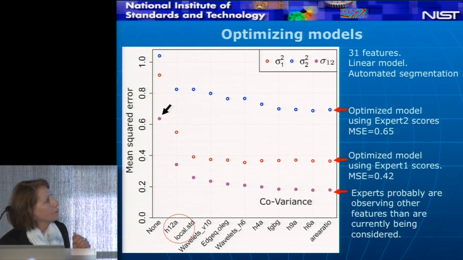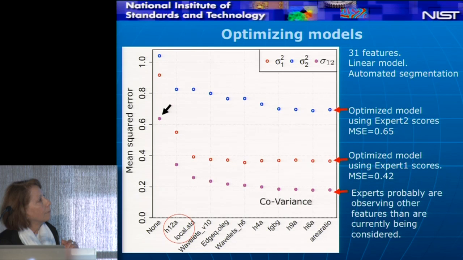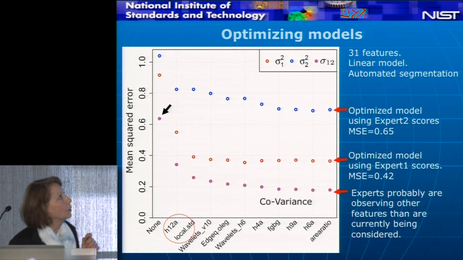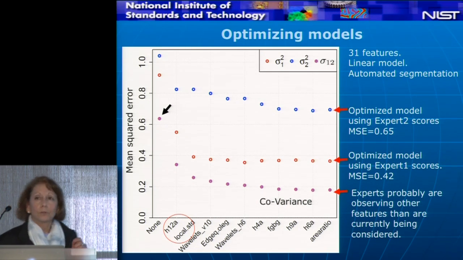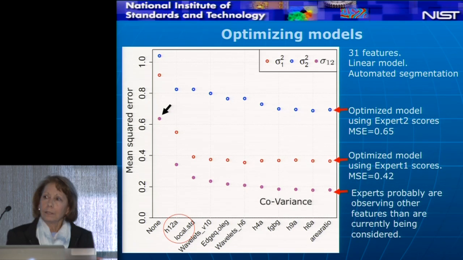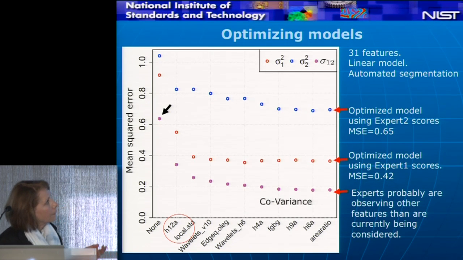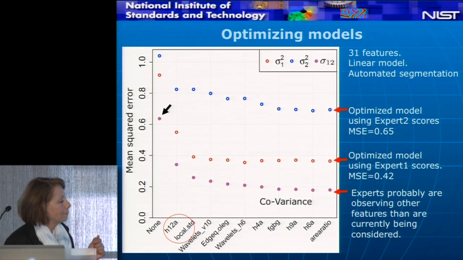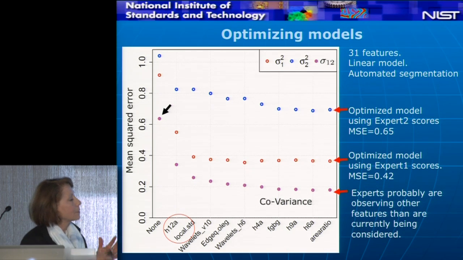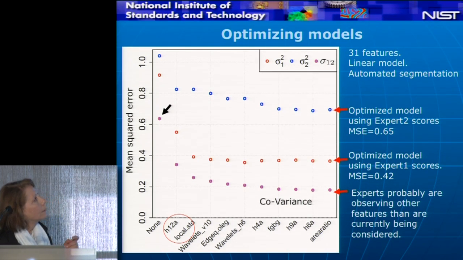Now, one of the other parts of this analysis was to look at the covariance between Expert 1 and Expert 2 as one does the analysis of comparing mean squared errors over the course of the iteration of the analysis.